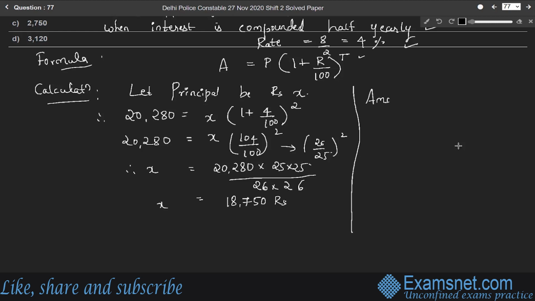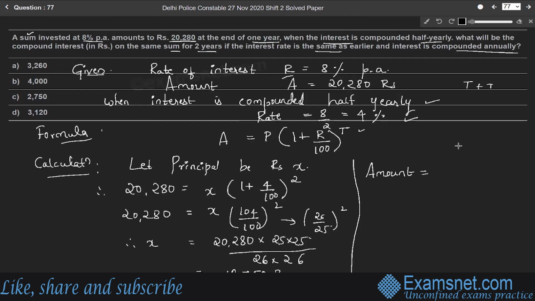Therefore, amount is equal to, so what is the second part of the question? What will be the compound interest on the same sum for 2 years if the interest rate is the same as earlier? That means if the interest rate is 8% per annum and interest is compounded annually. So therefore, here the time period is 2 years and rate of interest is 8%.